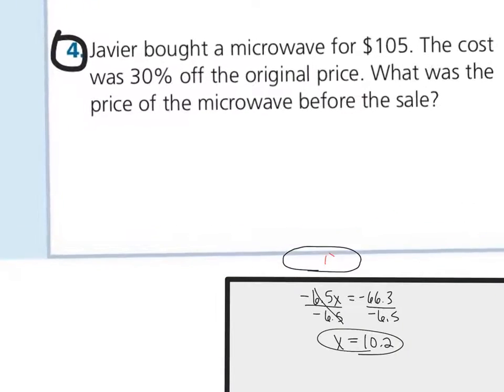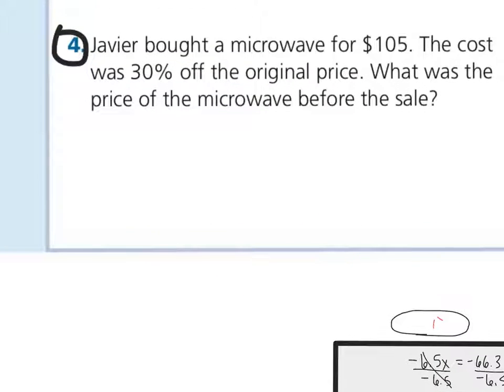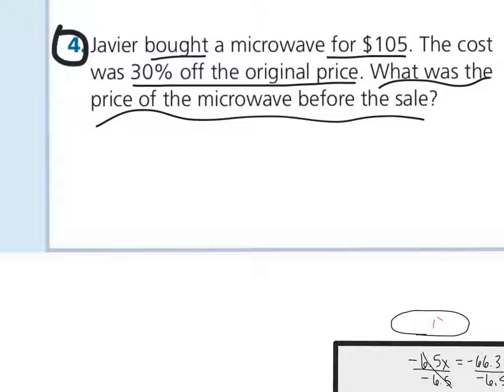Look at number 4. Javier bought a microwave for $105. The cost was 30% off the original price. What was the price of the microwave before the sale? So basically, there's different ways you could think about this.